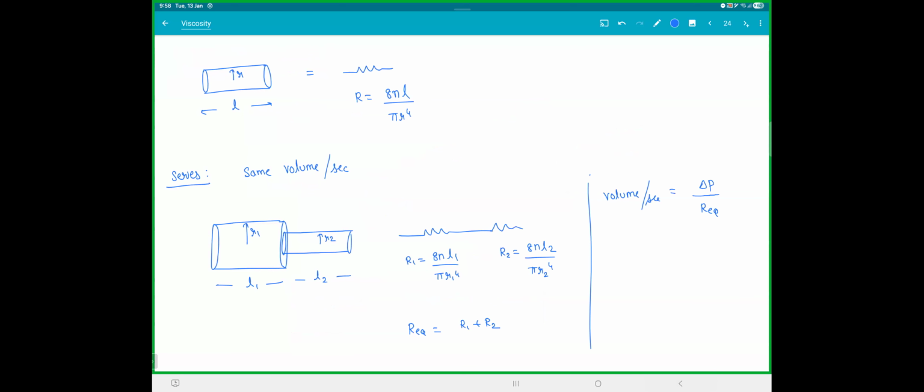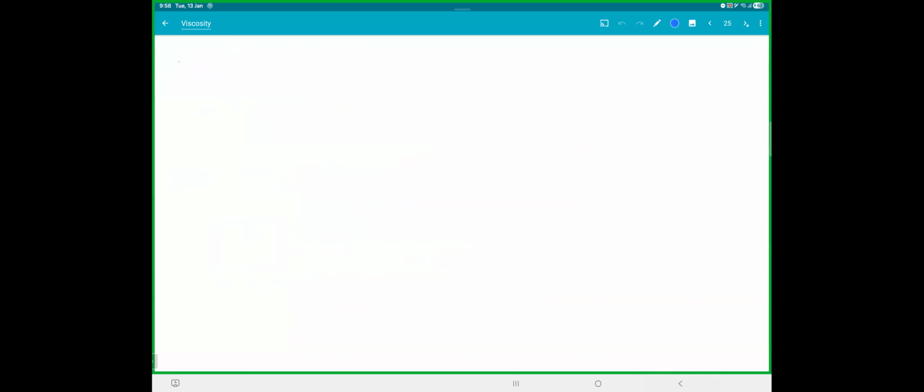So that is series. How does parallel look? When you say two resistors are in parallel, they have the same potential difference, so here they should have the same pressure difference. Potential becomes pressure, current becomes volume flow.